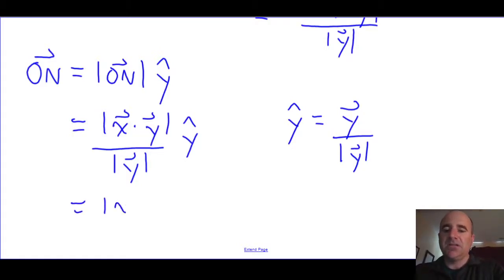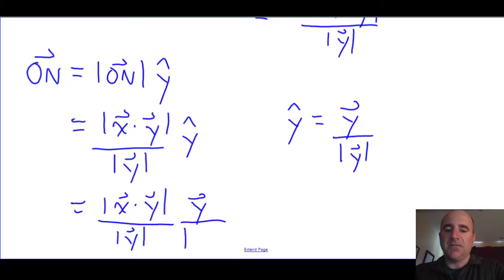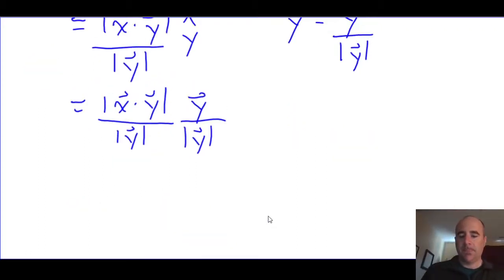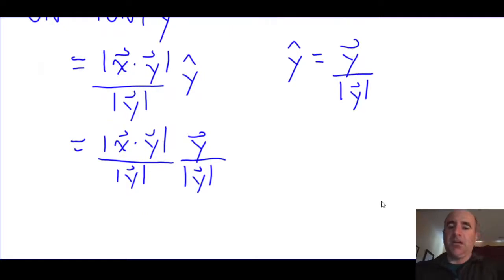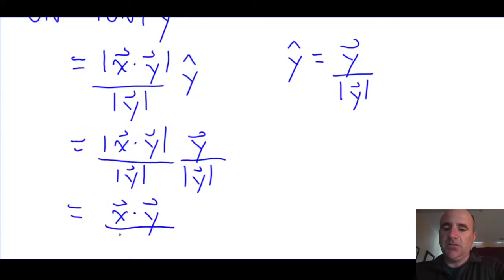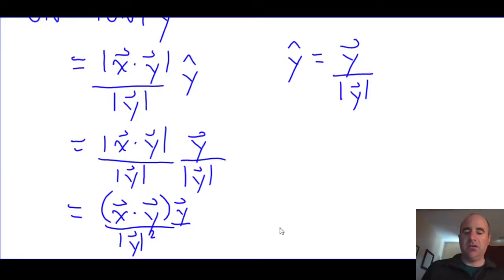We replace the unit vector y with vector y divided by its magnitude, like so. And that sort of simplifies to this right here, the dot product over the magnitude of y squared, and there you have it right there.